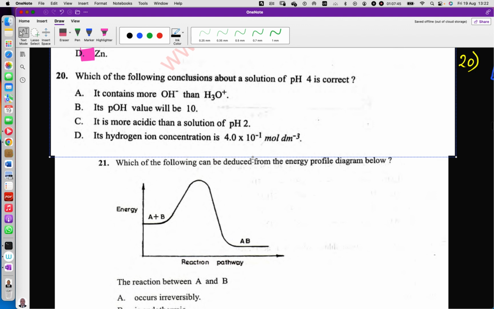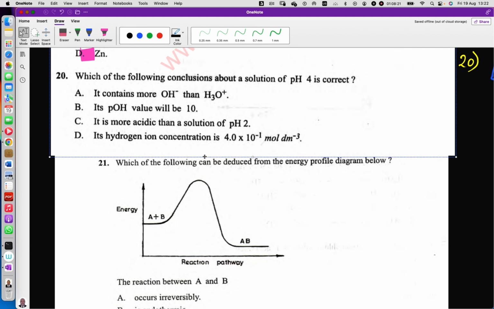Its hydrogen ion concentration is 4.0 times 10 to the minus 1. If we calculate the negative log of the hydrogen ion concentration for 0.4, the pH will be 0.4.